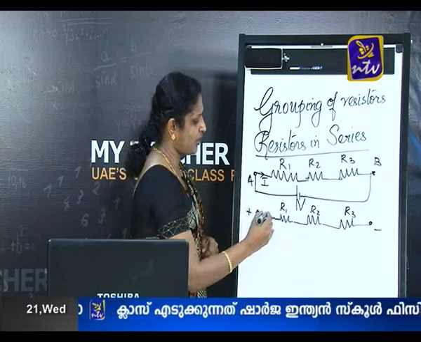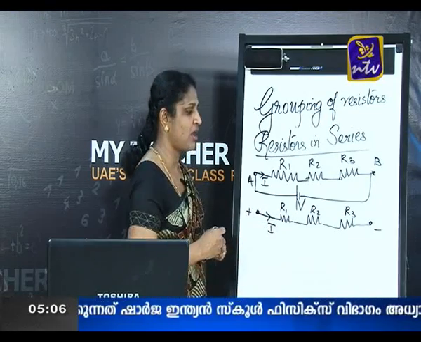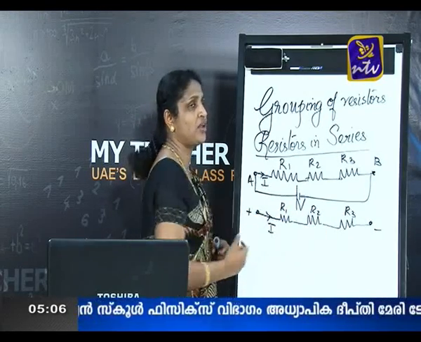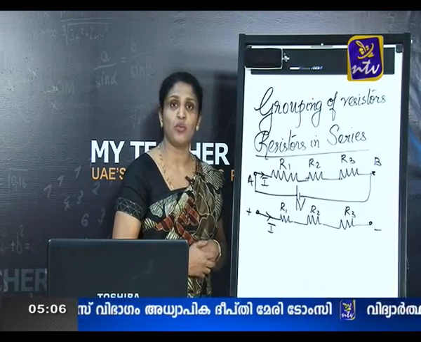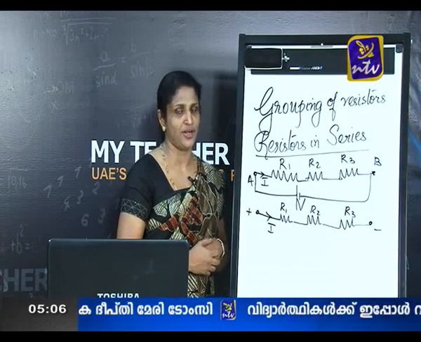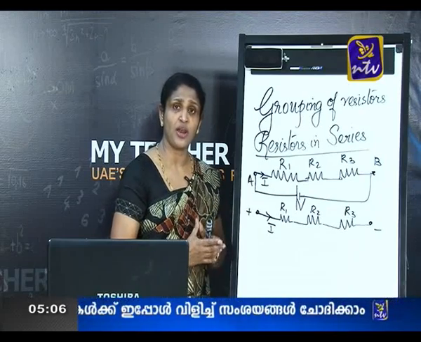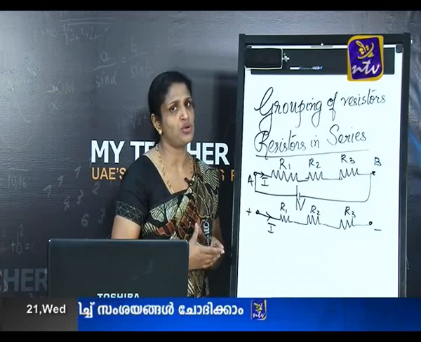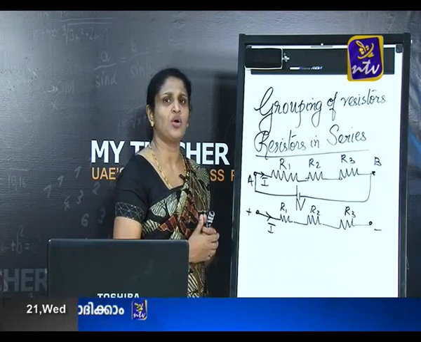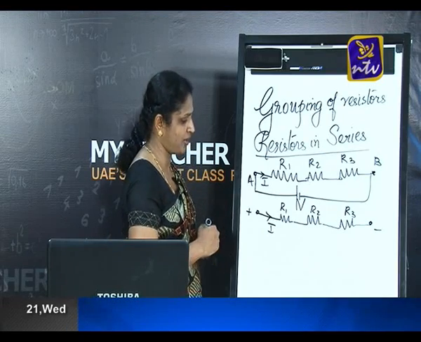Here you can see that the current flowing through R1, R2 and R3 is the same, because there is only one path for the flow of current. Through R1 the current is I, through R2 also I, and through R3 also I.